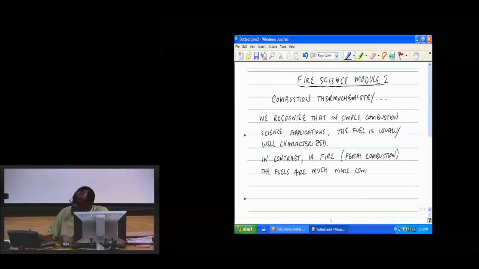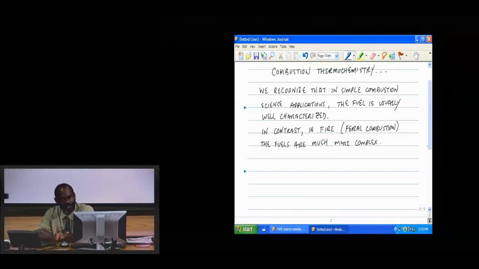Now, what we'll do is we'll talk about what is done with simple fuels first, and then we'll make the case that for fire other types of things have to be done. So I'm going to do more multimedia type issues in terms of dealing with this. So maybe to put some context to this, when we talk about combustion thermochemistry, let me identify where we want to go and what we want to look for at the end of this module.